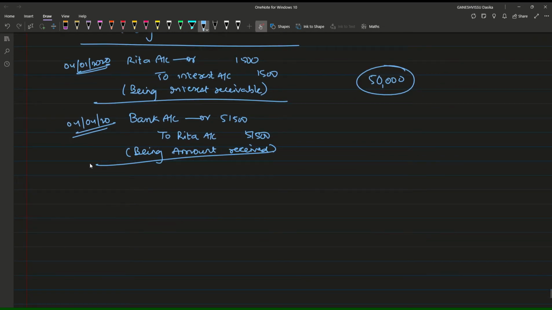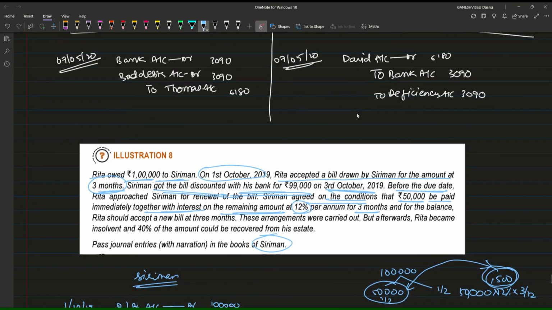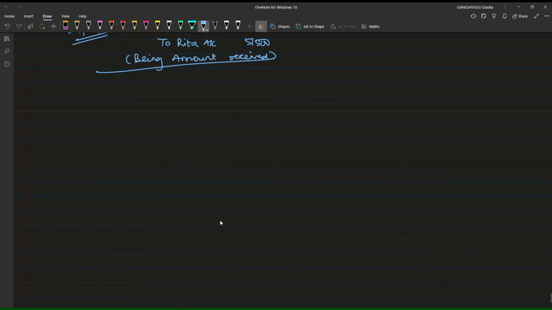So again, what happened on the remaining amount? For the balance, Rita should accept a bill for 3 months, right? For 3 months we are going to pass again an entry on 4/1/2020. Bills receivable, I am writing here.